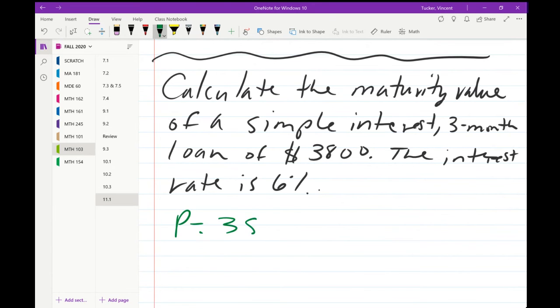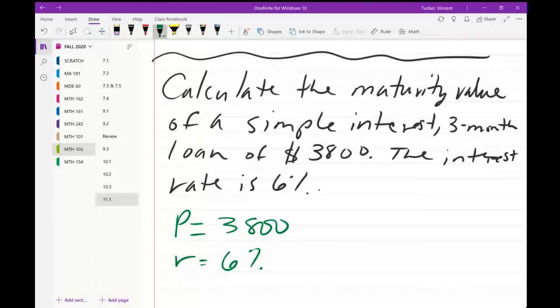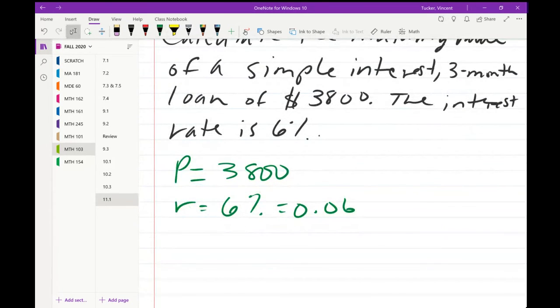P is 3,800. R is 6%. T is 3 months. So that'd be 3 over 12.